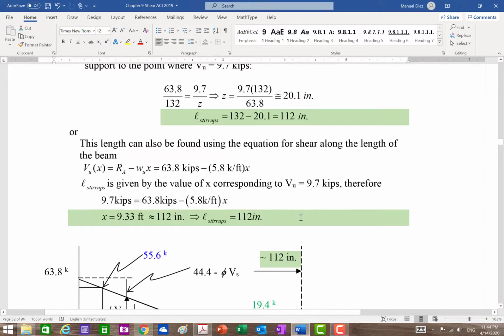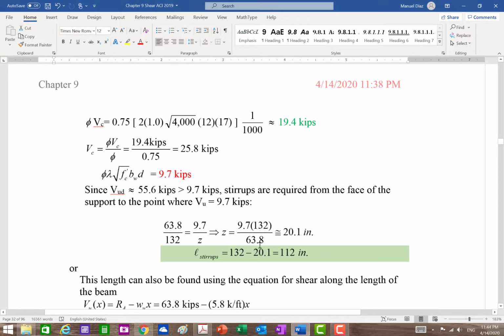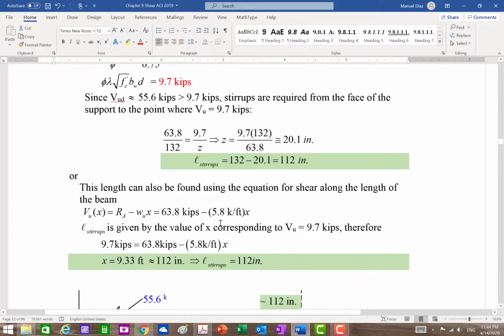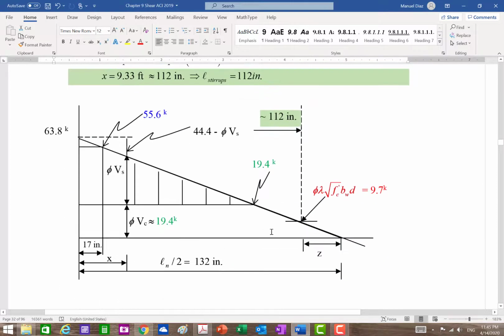And so we're going to do that first by proportions, as I said. Okay? That 112. You can use the same thing using your formulas for mechanics of solids, right? Reaction at A minus WUX, right? And X in this case is this value X, so it's moving from left to right. So I want to know the value of X when this shear equals 9.7.